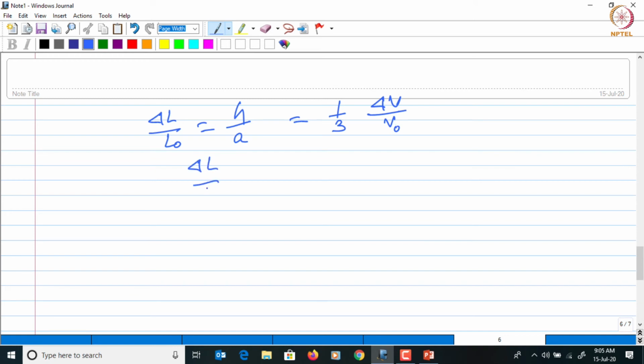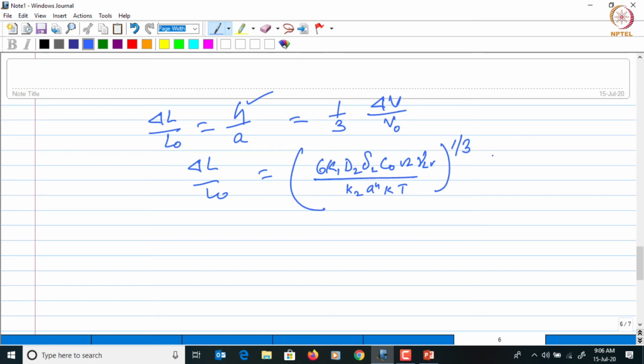And therefore the shrinkage is equal to, if we substitute the value H which we derived just now, then the shrinkage becomes this. So shrinkage varies with 1/3 power of time.